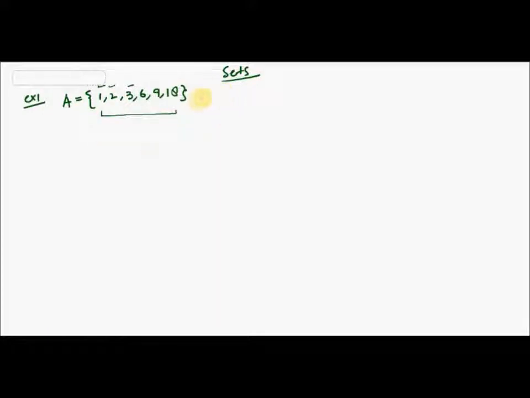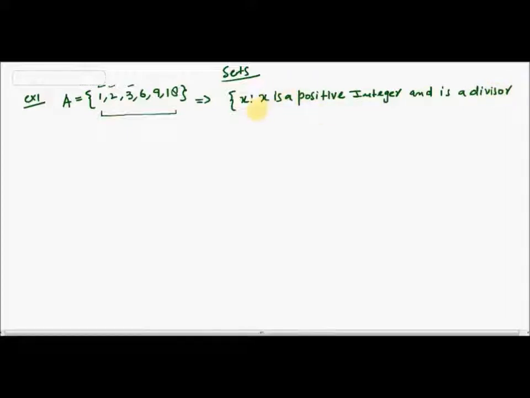So we can convert this into set builder form as we'll write x such that x is a positive integer and x is a divisor of 18, right?